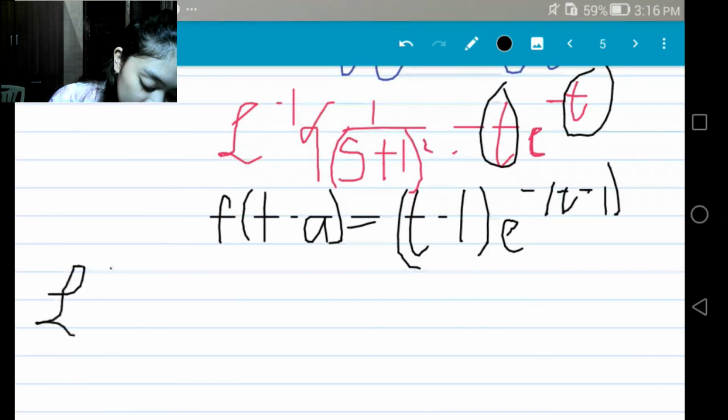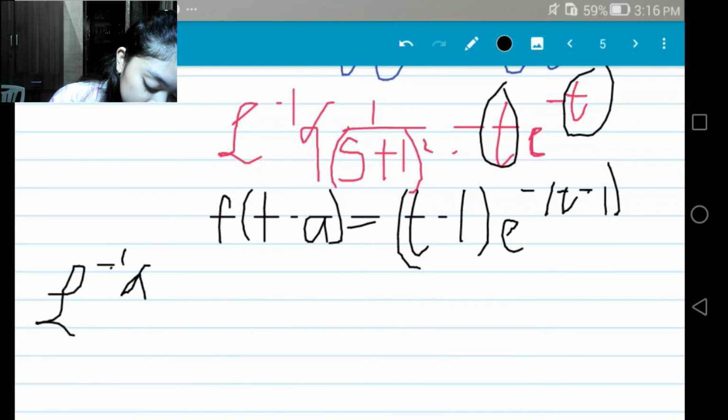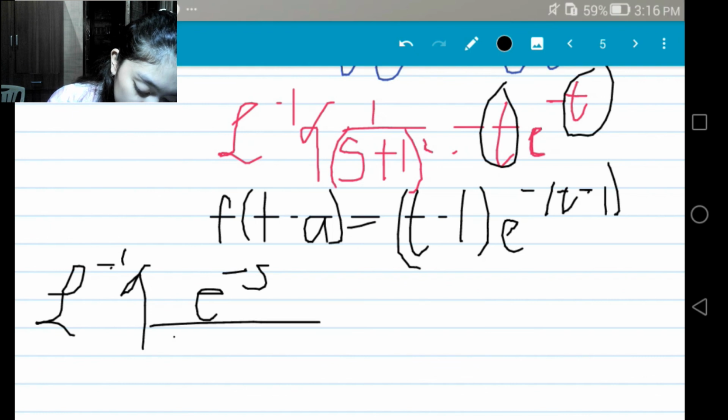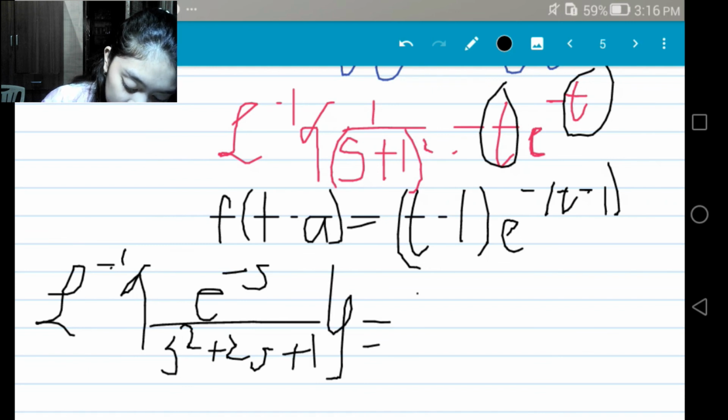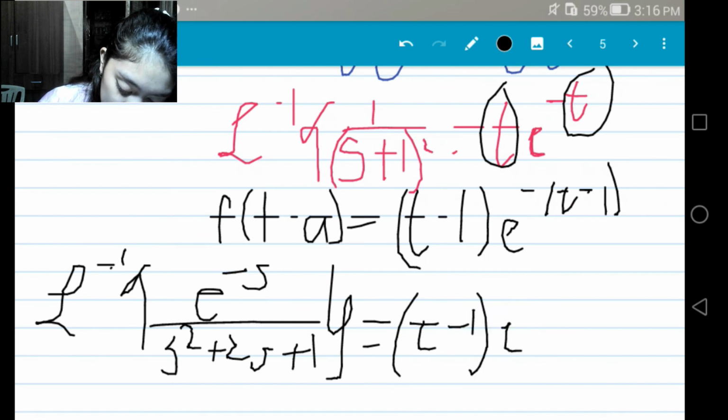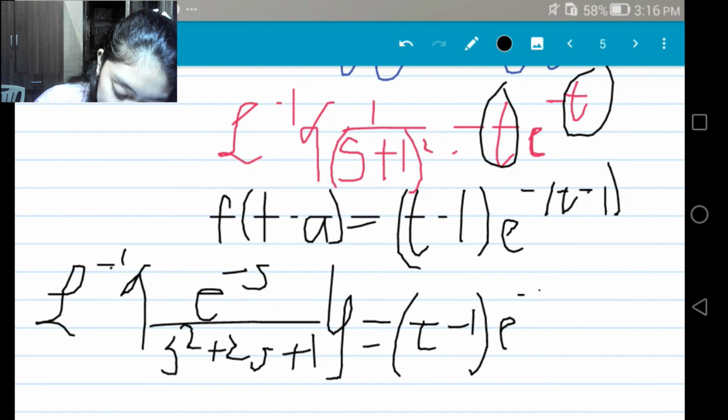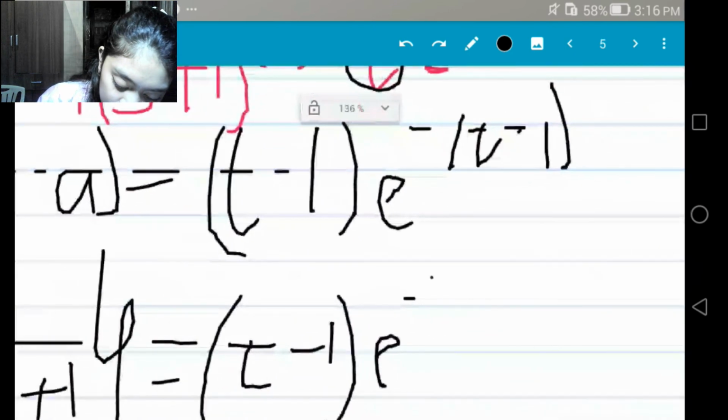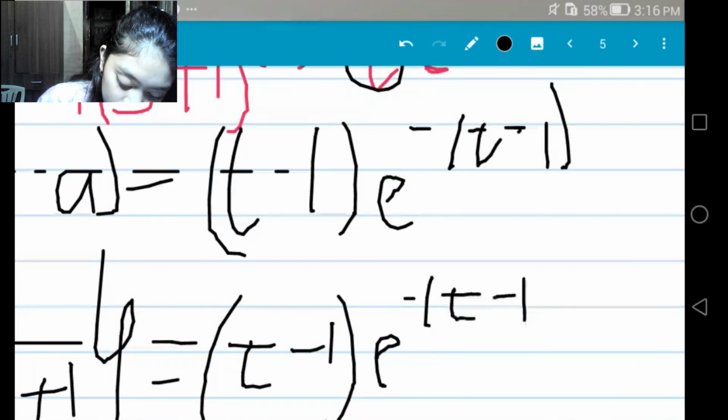So the Laplace inverse of e raised to negative s all over s squared plus 2s plus 1 is equal to our f of t minus a, t minus 1 raised to e, I'm sorry, I'm just gonna write it, e raised to negative t minus 1.